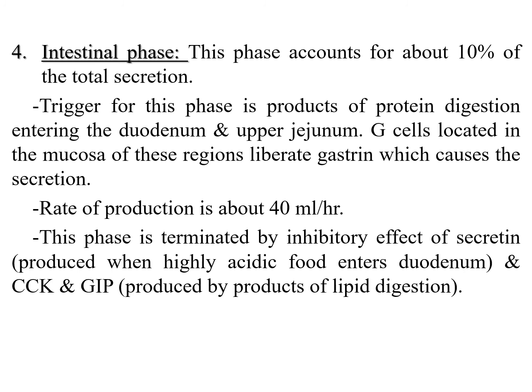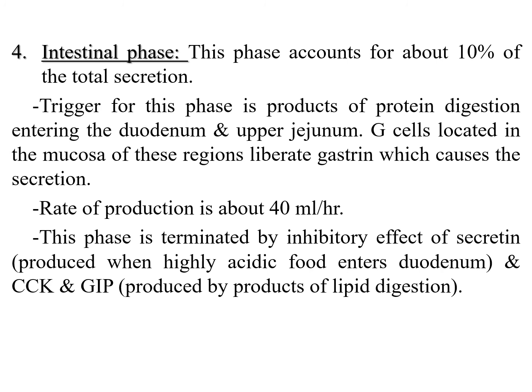So once we take food inside the mouth, the cephalic phase begins, which is neural in character, controlled by acetylcholine and gastrin releasing peptide released from the vagal ends. Then when the food enters the stomach, the gastric phase, which is the main phase of gastric secretion, begins.